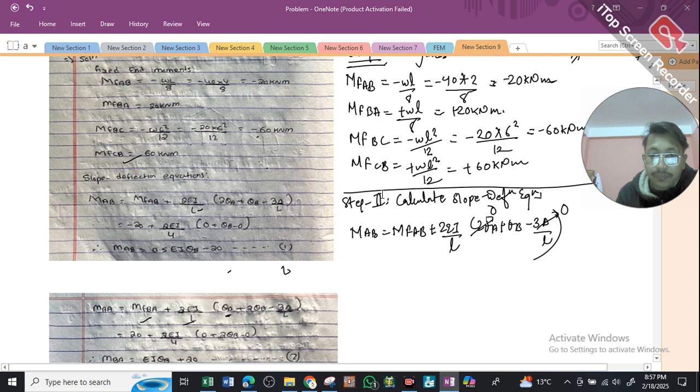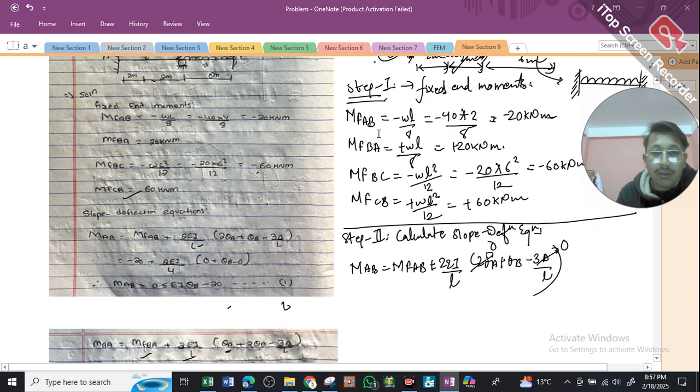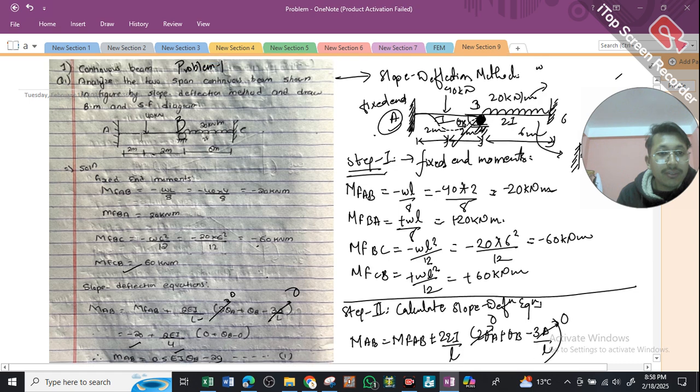We calculated MFAB, the fixed end moment AB, as minus 20, so put minus 20 over here. 2EI by L, where L is 4, and the settlement also becomes 0. On solving this we get MAB equals 0.5 EI theta B minus 20. Remember that it is I for member AB, while it is 2I for member BC.